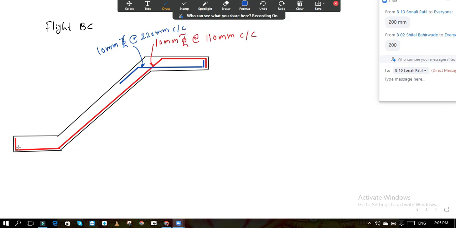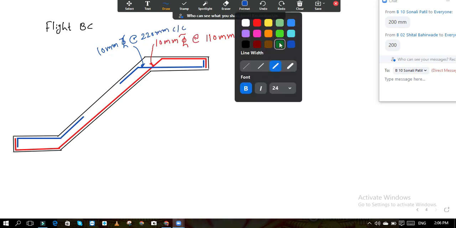It will start from this point, then move up to this point in a straight line, and then again it is bent up. This is also the top extra bar.